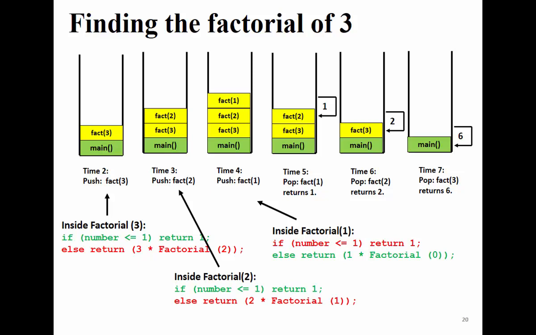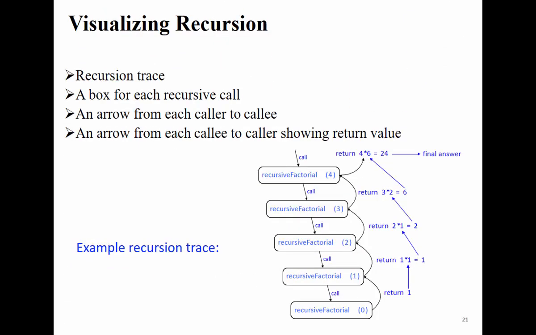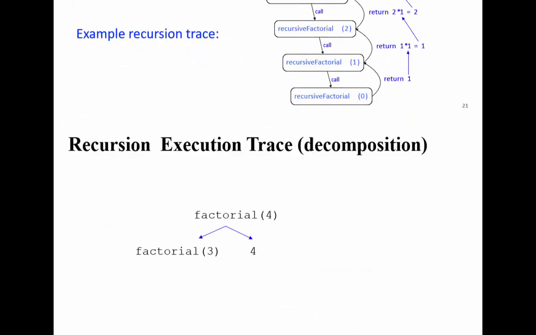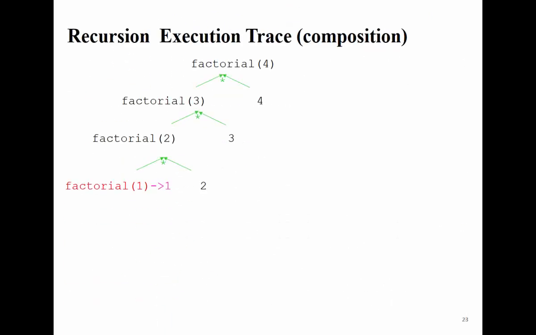If I ask you to trace or visualize the recursive call, and you give it to me as a stack, it will be accepted. If you give it to me as a trace, a recursion tree, it will be accepted. If you give it to me as a composition, decomposition, it will be accepted. So whichever one you pick will be accepted if I ask you to visualize or trace the call to find the answer.